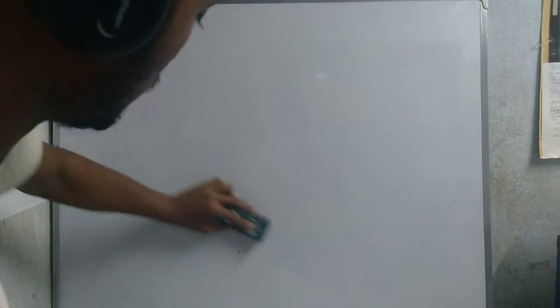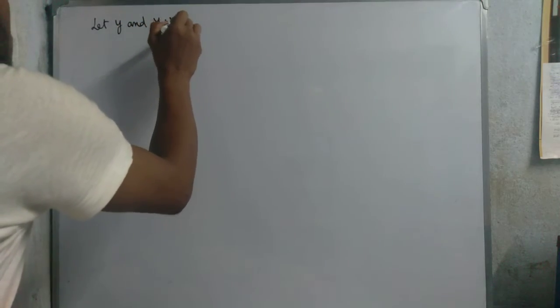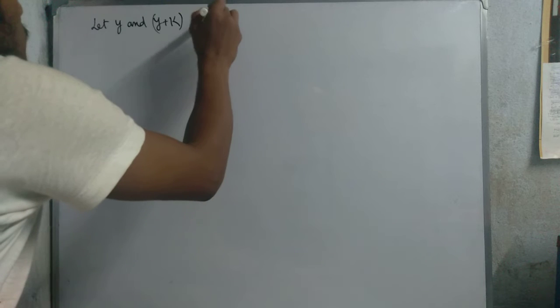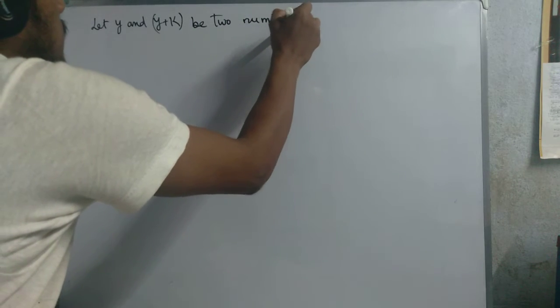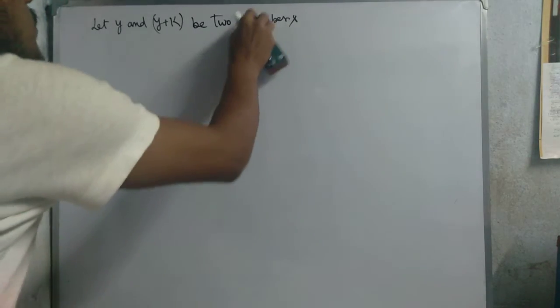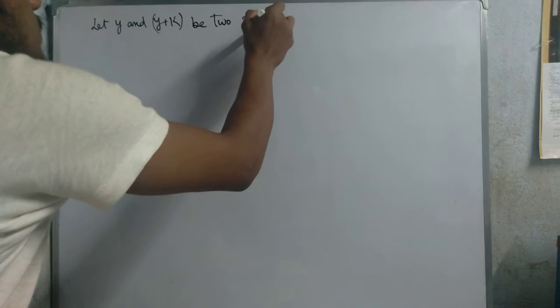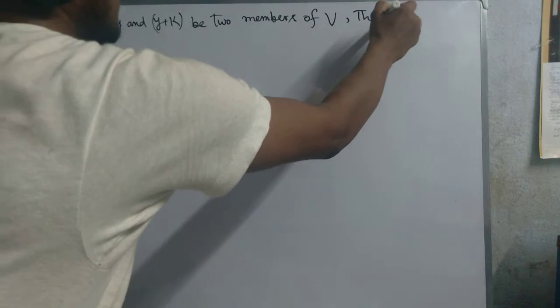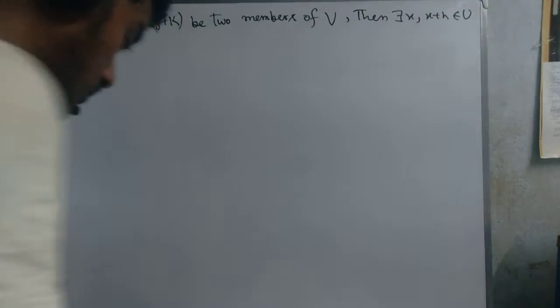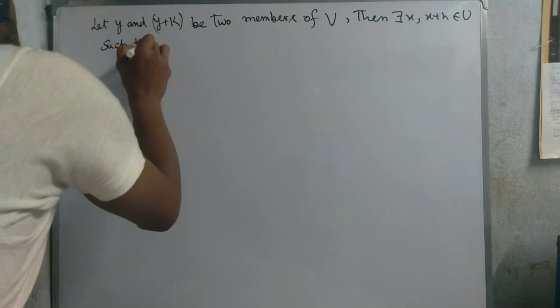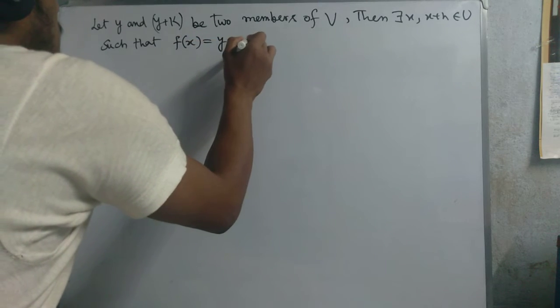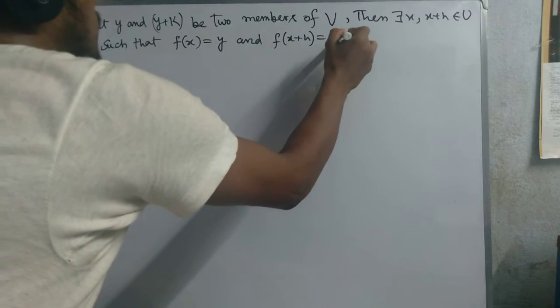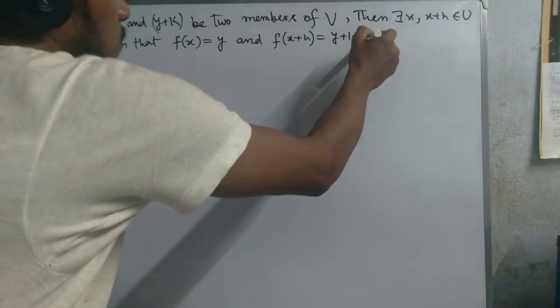So we write now here: let y and y plus k be two members of V. Then there exist x and x plus h belonging to U such that f(x) equals y and f(x plus h) equals y plus k, with h and k not equal to 0.